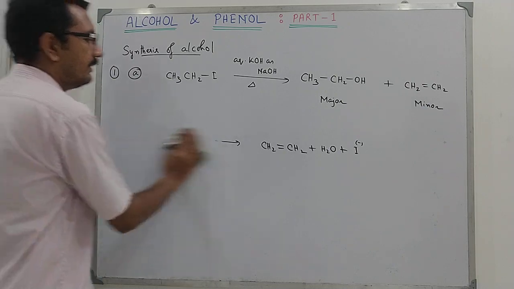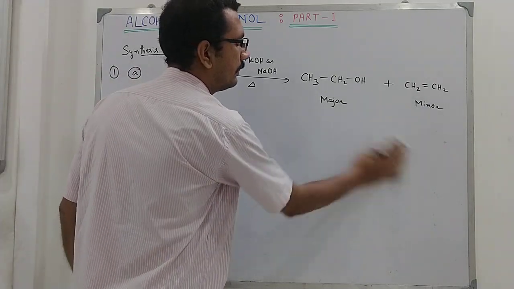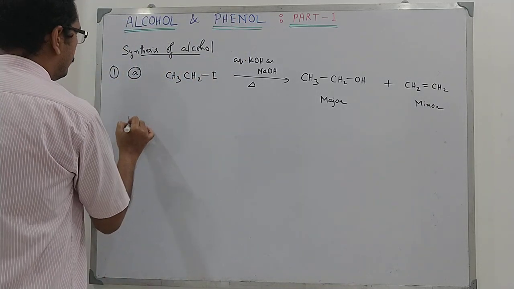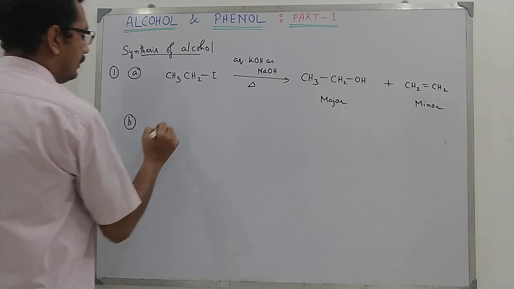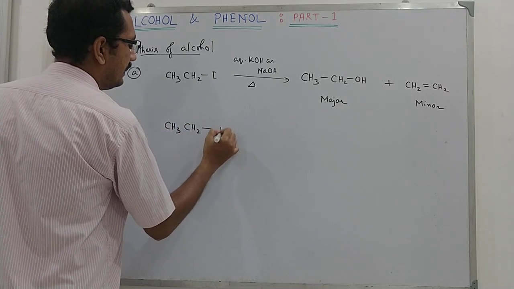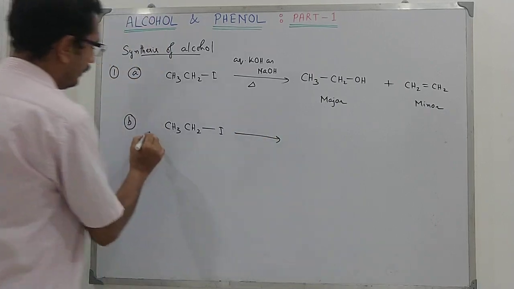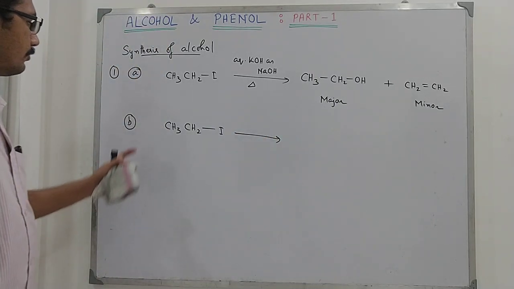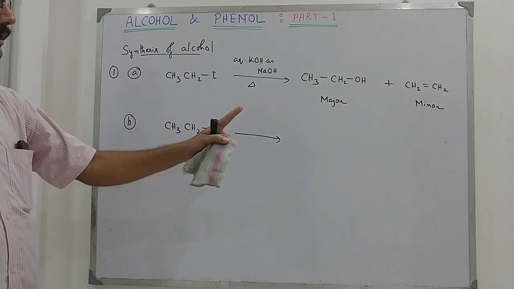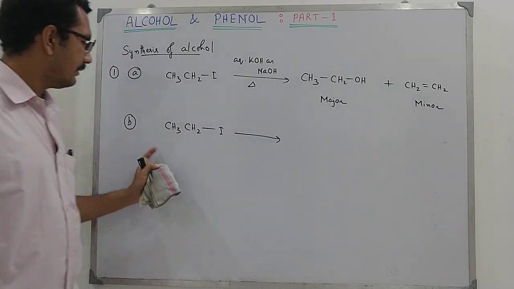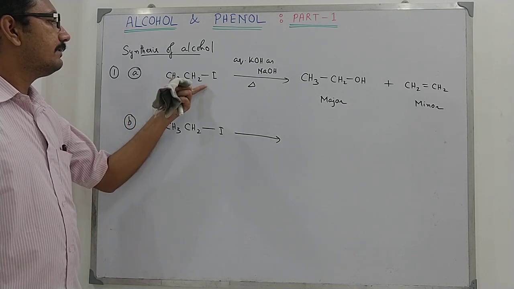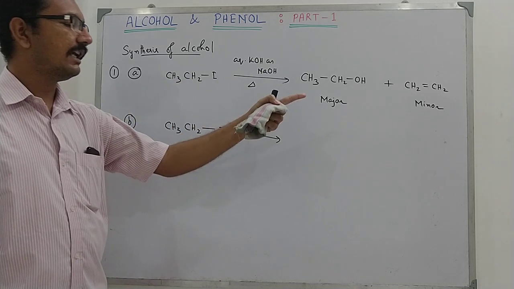Now to get rid of this minor product, one may use a weaker base. Since in the mechanism I have just shown you in the elimination second order mechanism which was giving alkene, I have shown you that OH minus acts as the base alongside nucleophile, so it gives alkene.